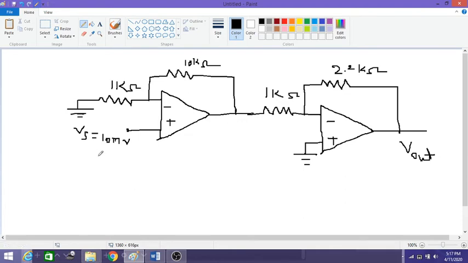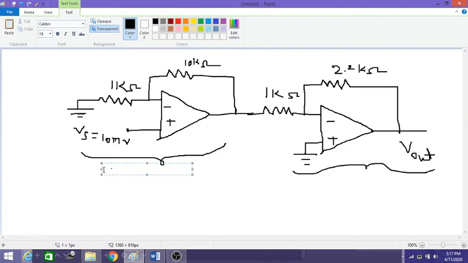If you look at this example, this is a non-inverting case, whereas this is an inverting amplifier case. So let me write this here. This is a non-inverting amplifier, and whereas this is an inverting amplifier. So how to solve this example?